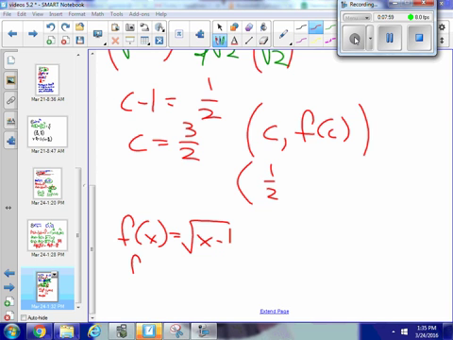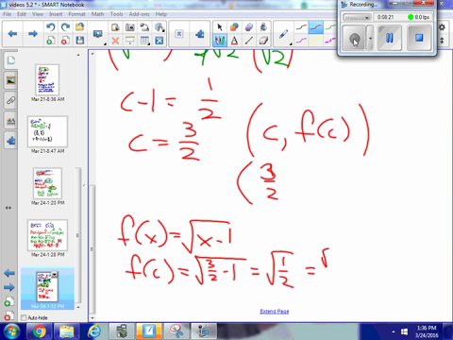So f of c equals the square root of 3/2 minus 1, which equals the square root of 1/2, which is 1 over radical 2.